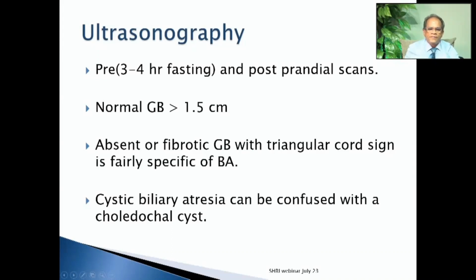And then also in these ultrasonograms, sometimes you might see a cystic lesion at the porta hepatis. Now that can be a choledochal cyst, but it can also rarely be an entity called cystic biliary atresia. So in cystic biliary atresia, you can have a little cyst at the porta hepatis, but it is not a choledochal cyst.